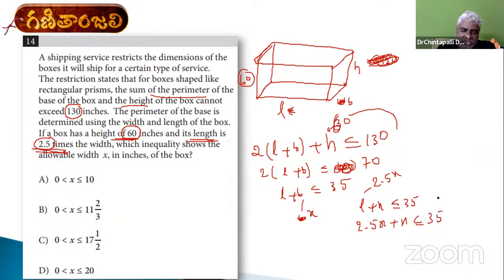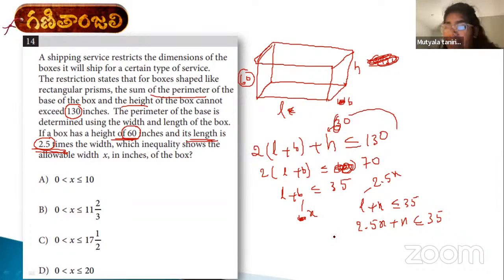Josna, do one and tell the option. 2.5 plus x, is it 10? Not 10, 3.5. I was telling you the x value.